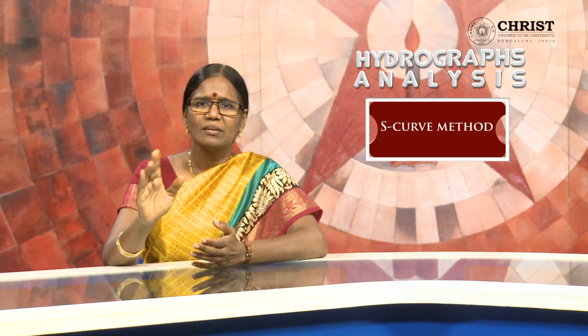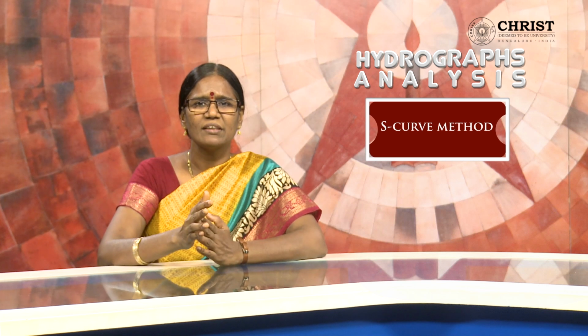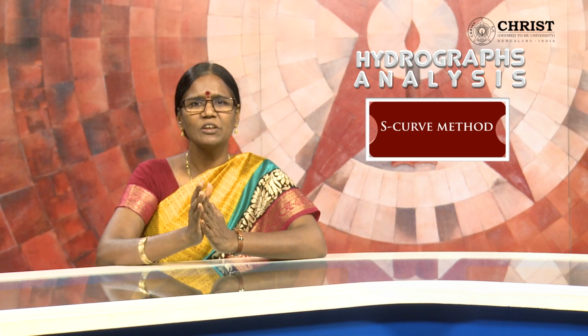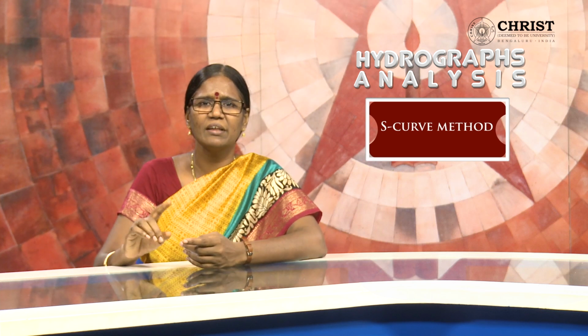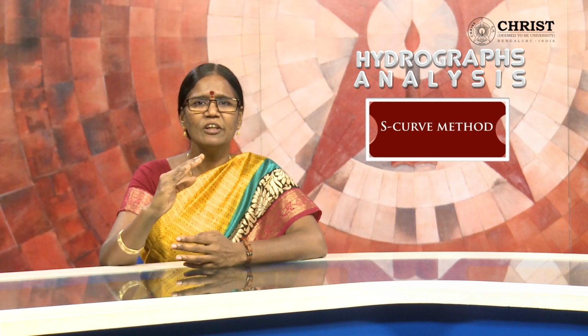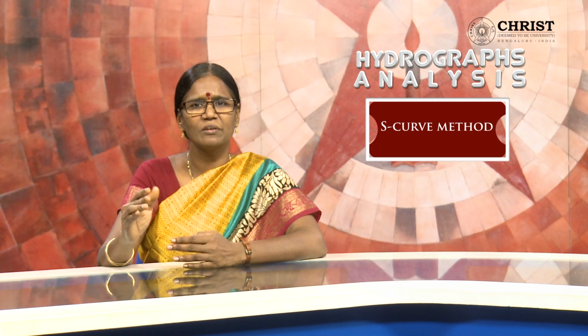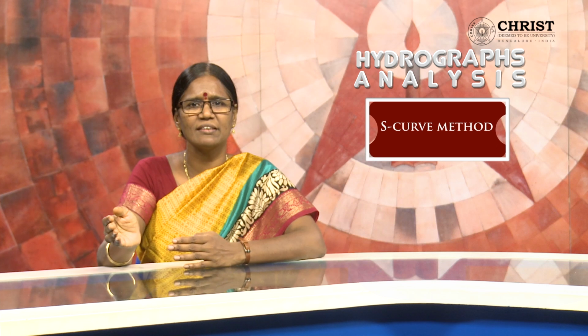We say the S curve attained equilibrium discharge at the end of the base period of the first unit hydrograph. So, we add a number of unit hydrographs lagged by d hour duration till the end of the base period of the initial unit hydrograph to obtain the S curve ordinates.